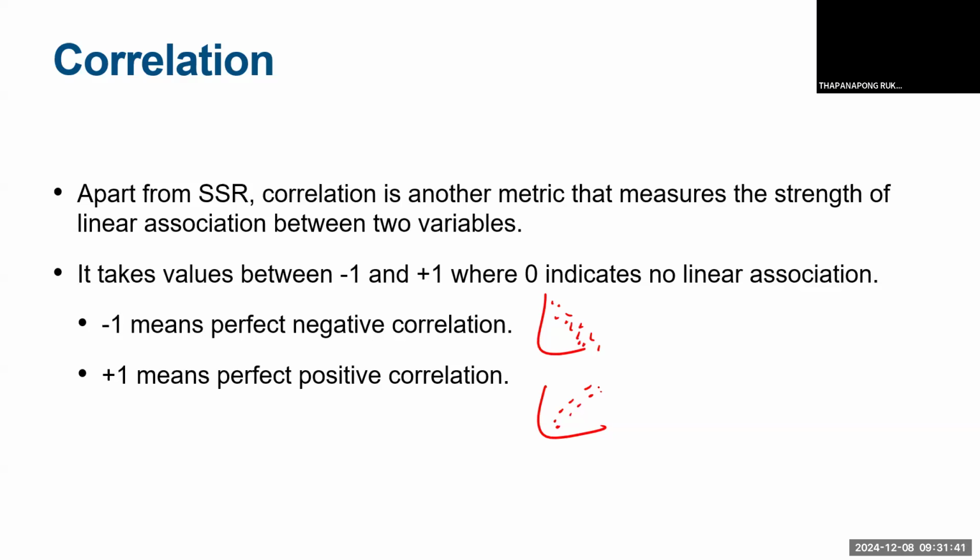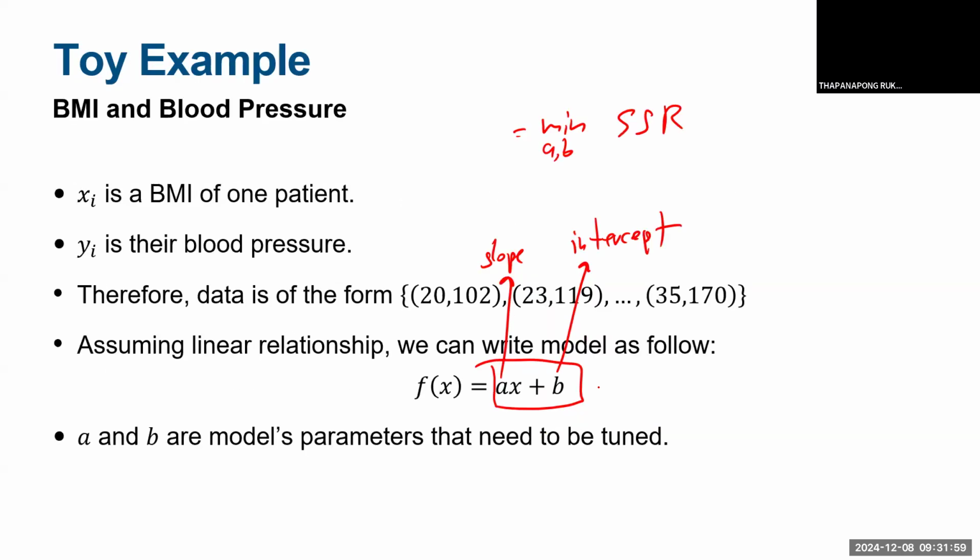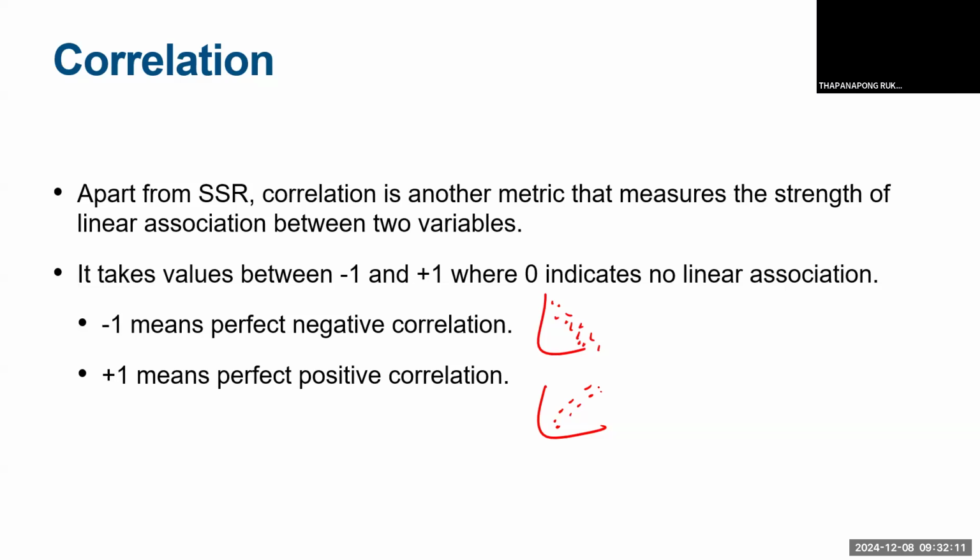So if we have the correlation value, we can measure the strength, whether or not two variables are actually related. Because here we can get A and B, but what people want is accuracy. How good is your prediction? And how good your prediction is can be measured by correlation.